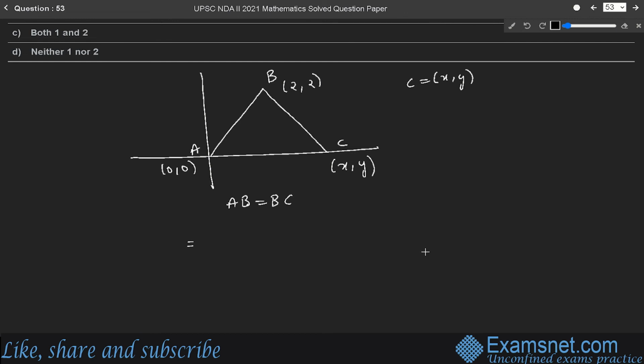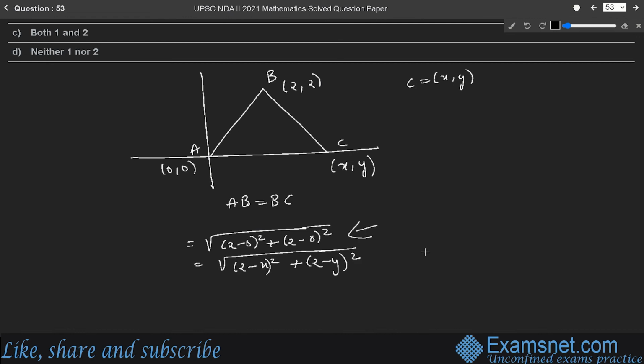So it can be written as 2 minus 0 whole square plus 2 minus 0 whole square, which will be equal to 2 minus x whole square plus 2 minus y whole square. This is the value for AB and this is the value for BC. Both are equal.